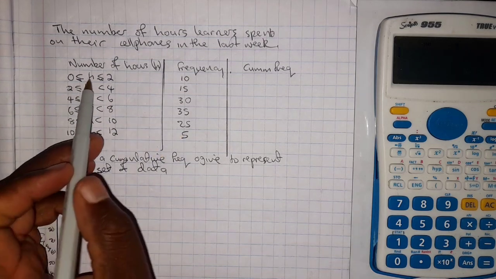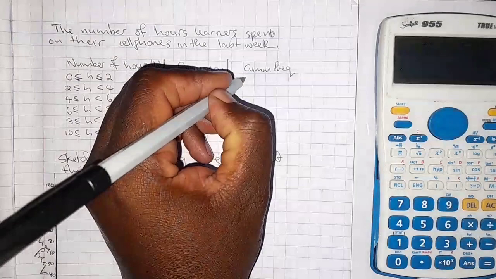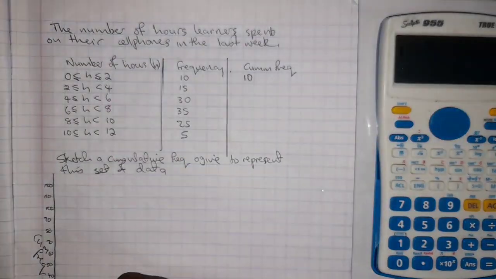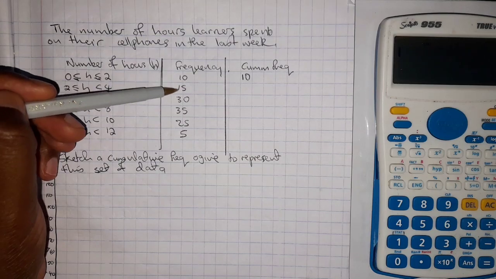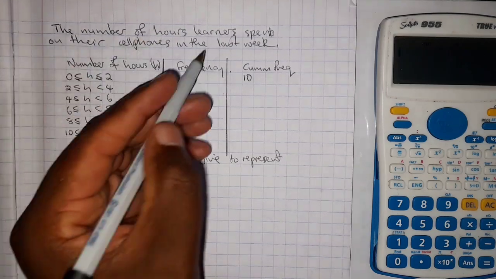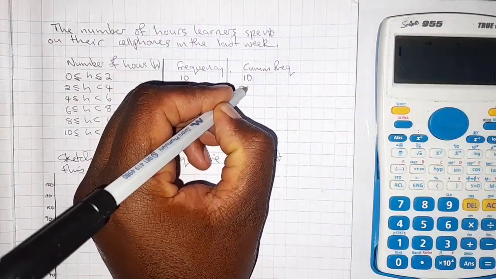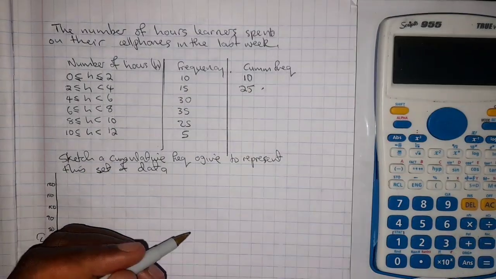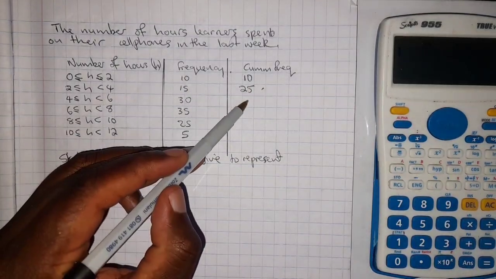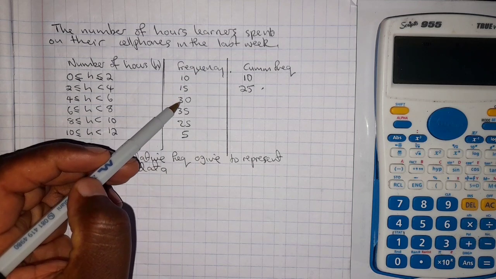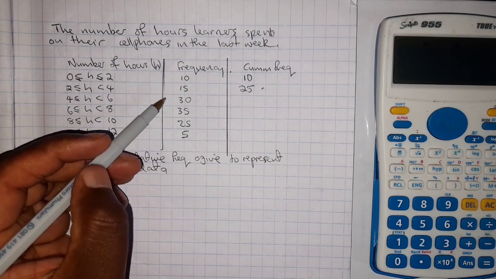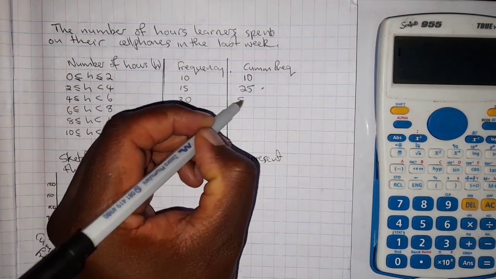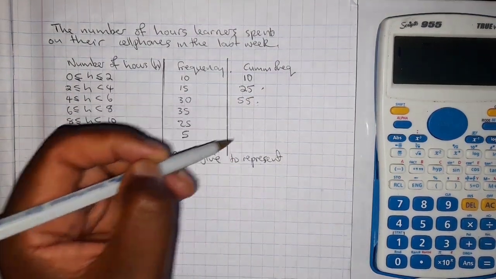all of them. The first step here we have a 10, and then for the second step we add the first two, that is 10 plus 15, that's 25. And then for this one we add the first three, 10, 15, that's 25. 25 plus 30 is 55.